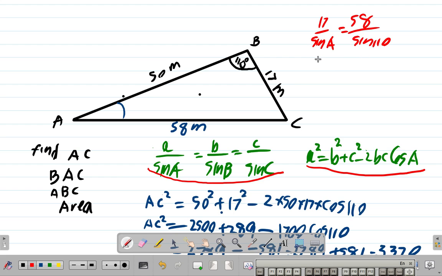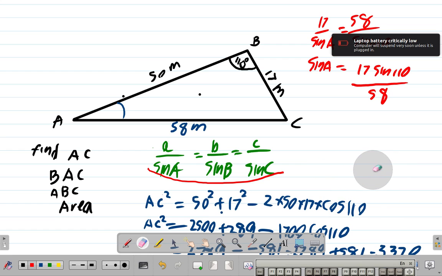So when you transpose, sine A is going to be 17 times sine 110 divided by 58. Alright? So that's what you're going to have. So let's just work it out.